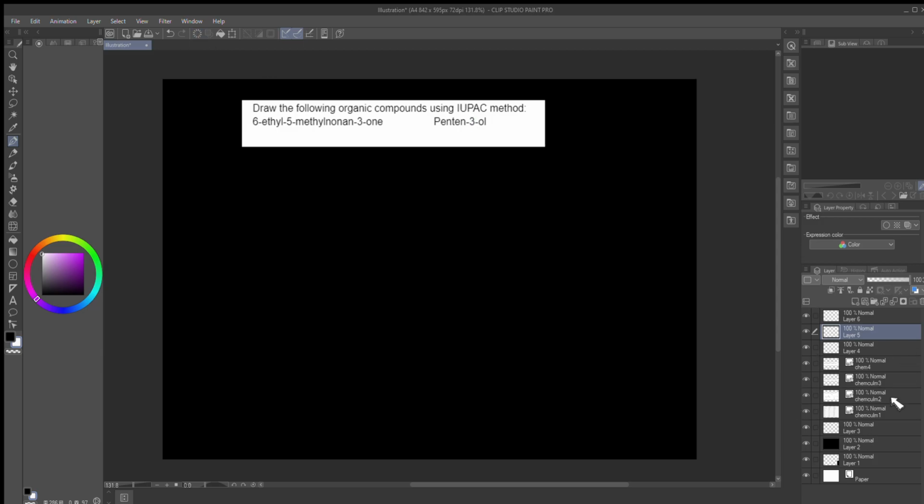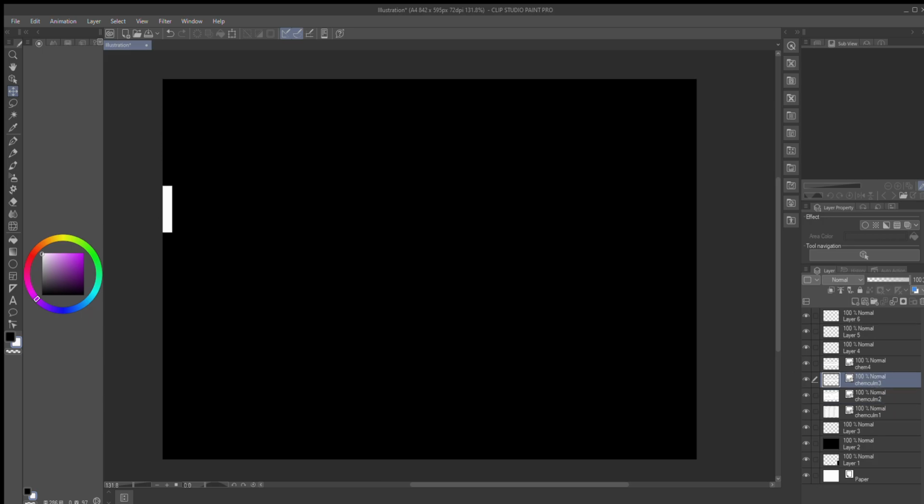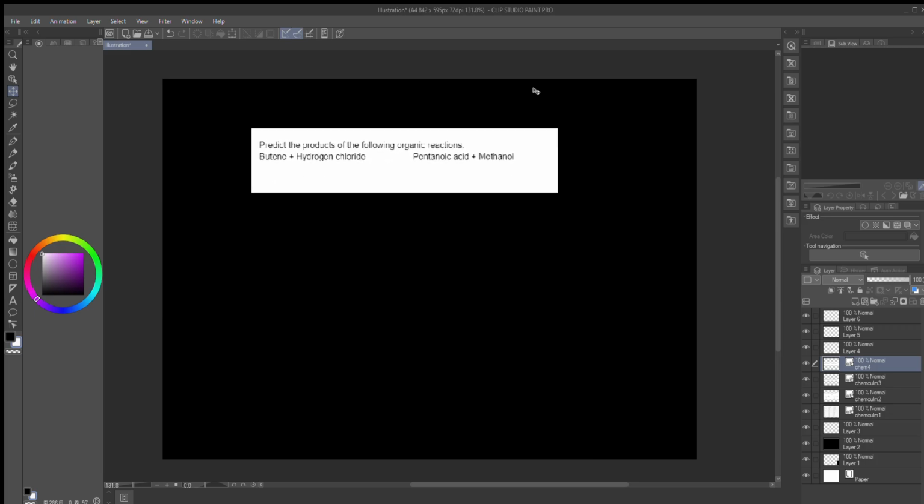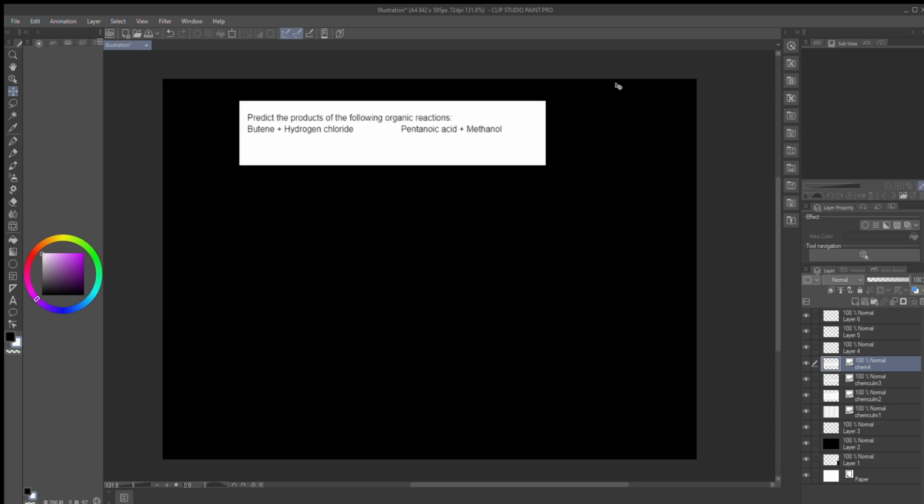And then next we have a bit of a more fun example. We have organic reactions. So we will be going over 2 organic reactions. This is an addition reaction.